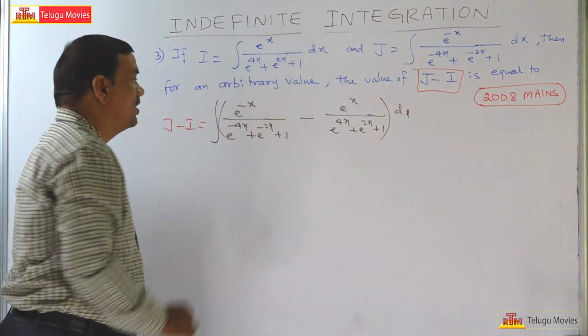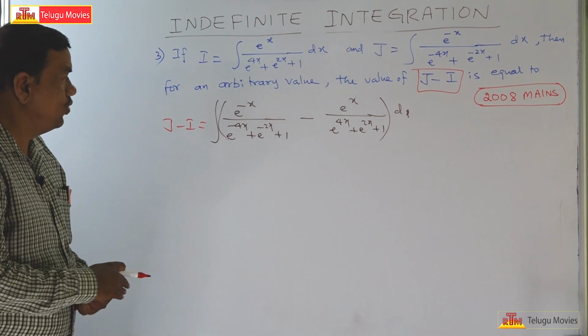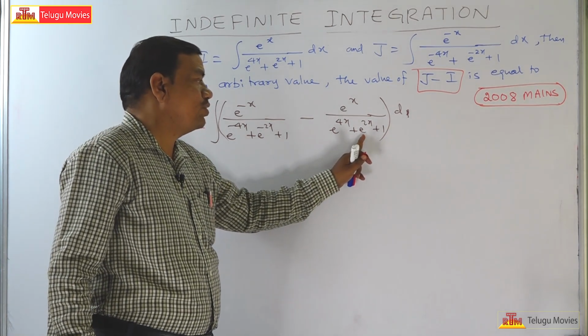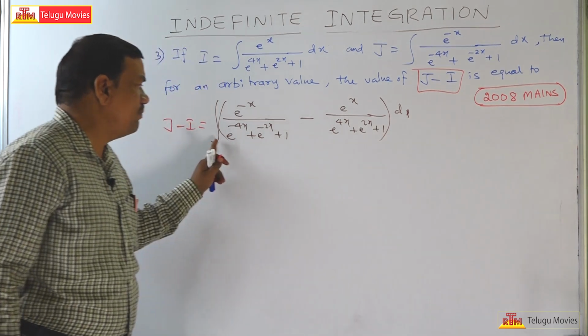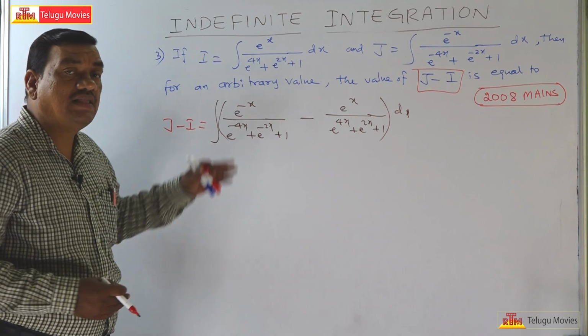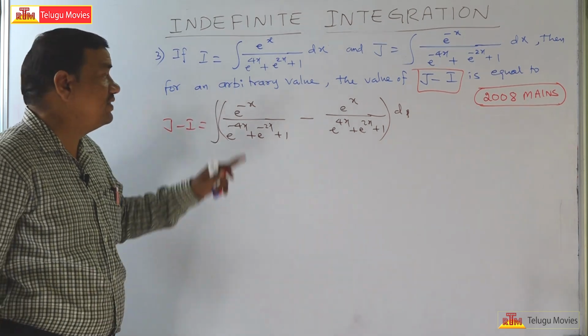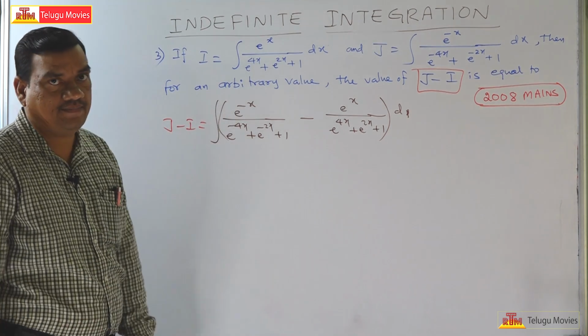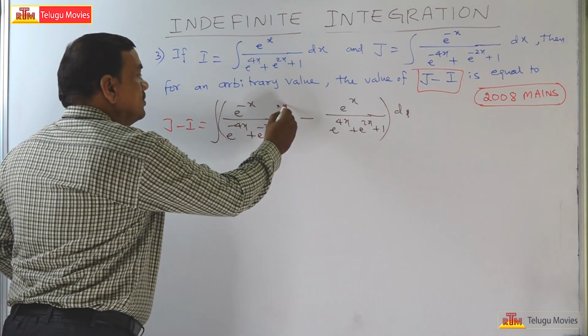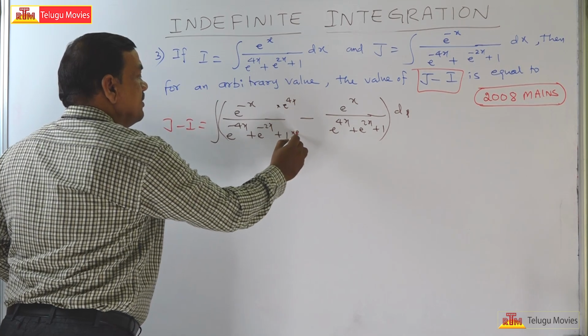Okay, right. So here what we are going to do is, see here in the denominator e power 4x plus e power 2x plus 1. I want to make the denominator the same. That's why multiply the numerator and denominator with e power 4x.